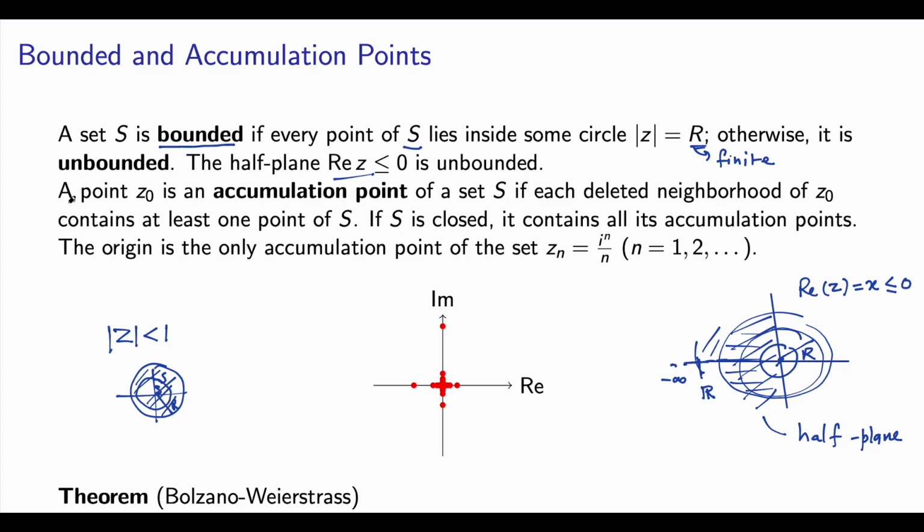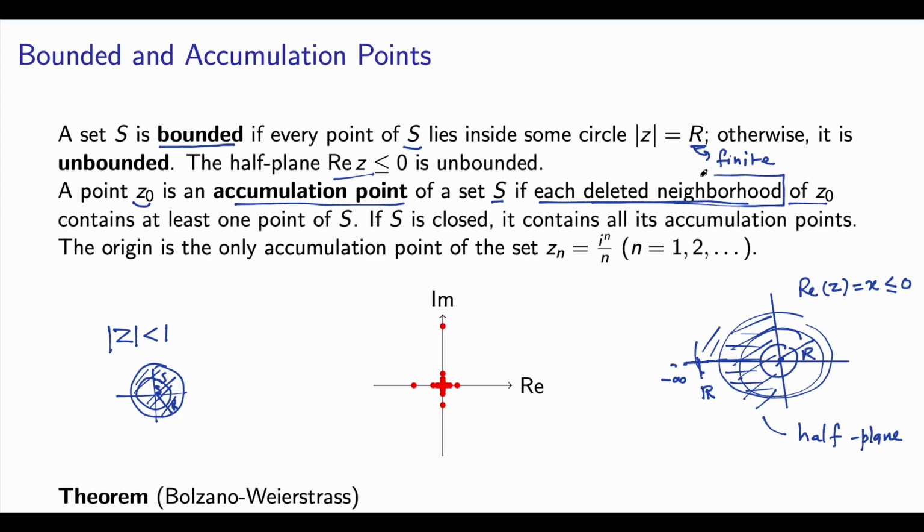A point z naught is an accumulation point, sometimes we call it a limit point, of a set S if each deleted neighborhood of z naught. There are several ways to define this accumulation point. One way is using the deleted neighborhood.